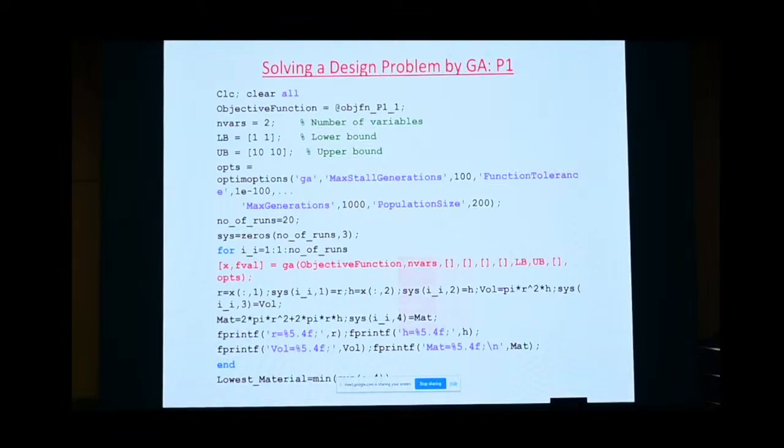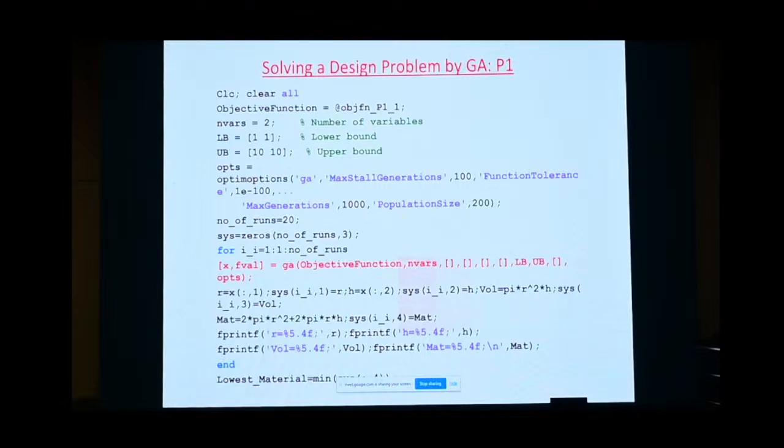So 20 times it will run the GA, and each time the right portion is the main GA command: X and F value, GA, the objective function you have defined, the number of variables, no constraints here, equality and inequality constraints only square brackets, because you have included the constraint in the objective function, and the lower bound and upper bound and other options like generation and population.